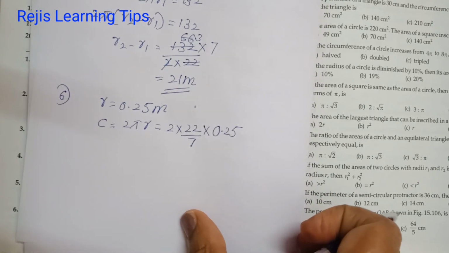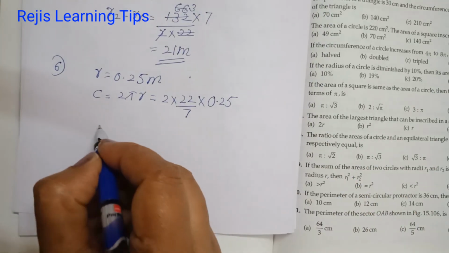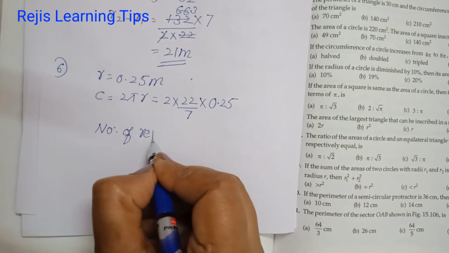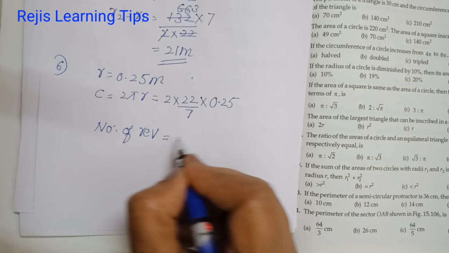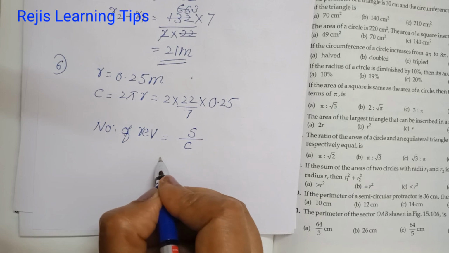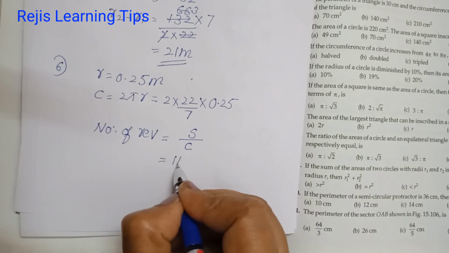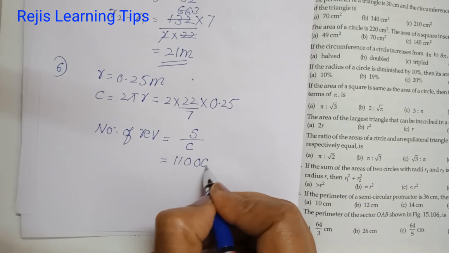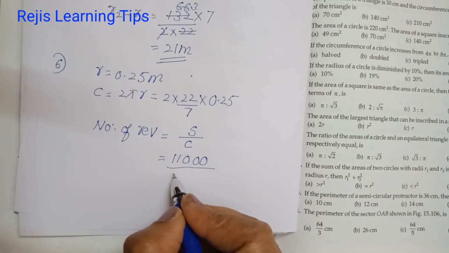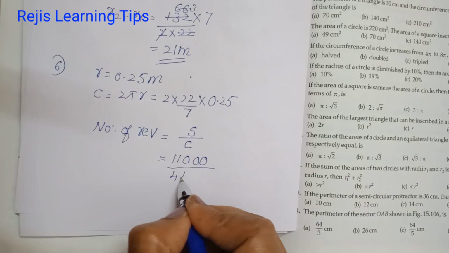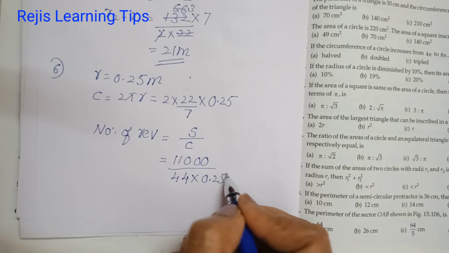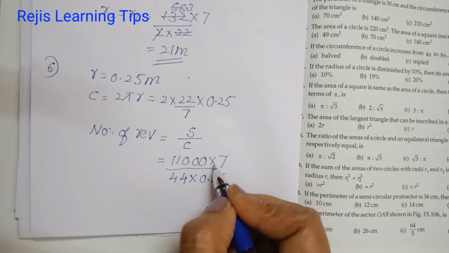Number of revolutions is equal to total distance divided by circumference. Total distance means that is 11,000 divided by circumference, that is 2 into 22, that is 44 into 0.25 divided by 7, that is equal to 11,000 into 7.